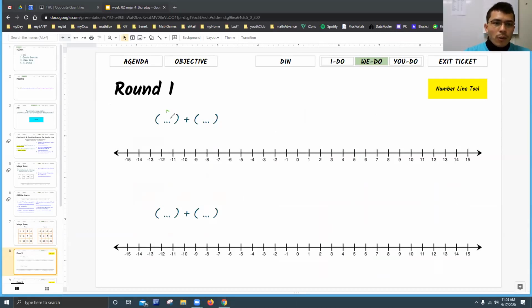So the first number was 8, second number was negative 12, right? Okay, so this is how you add these two numbers. You need to find the first number on the number line. It's 8 right here. And your second number is negative 12. How many steps do you need to go, in which direction? Left. Pay attention to your second number. 12 steps.